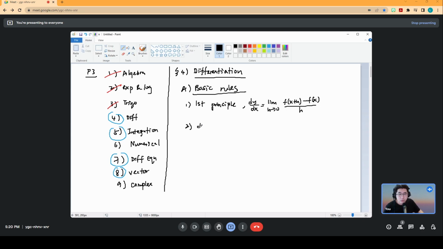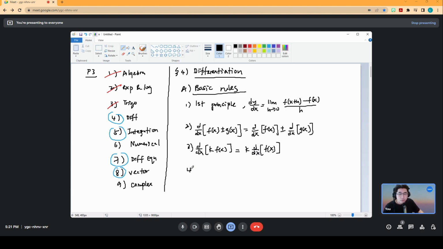Number 2, d dx of f x plus minus g x equals d dx of f x plus minus d dx of g x. Number 3, d dx of k times f x equals k times d dx of f x. Number 4, d dx of a constant goes to 0.